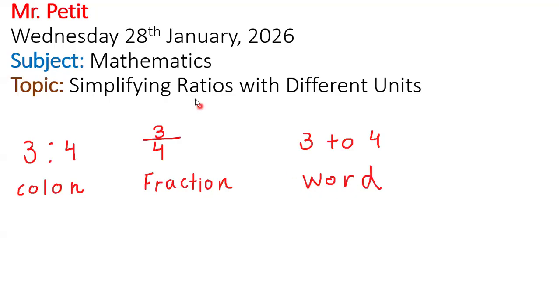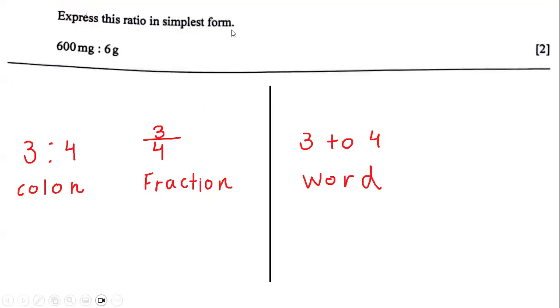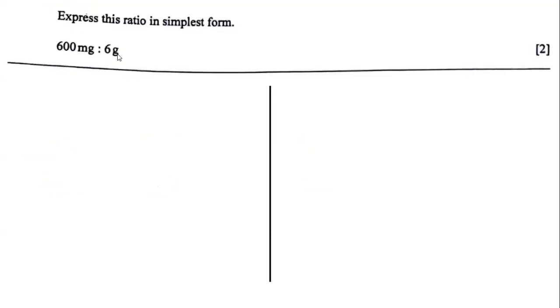Okay. So let me unmute somebody on mics. Let's go ahead and begin our questions. Our first question for the day: they want us to express this ratio in simplest form. So we have 600. What does mg mean?